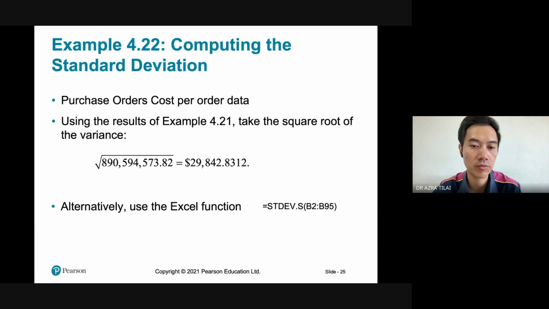Or you have an alternative way, which is just directly using the function tab and using the function of stdev.s, and you highlight all the columns in column B from row number 2 to row number 95. So this will get you the same exact number rather than using the manual way.